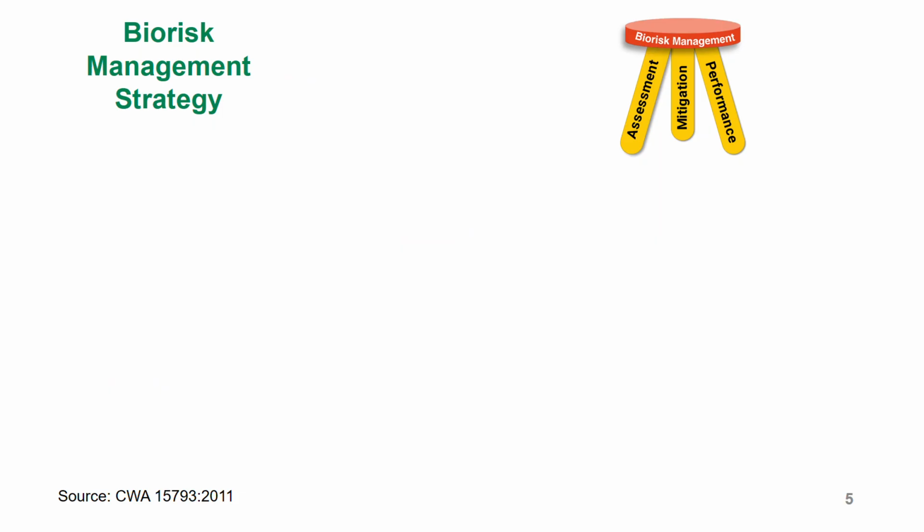Under assessment, this is where you do your risk assessment. The second leg is mitigation. Whenever you do a risk assessment and find risks that are not acceptable, or that need some form of control, you need to put up mitigations that will reduce or eliminate those risks.